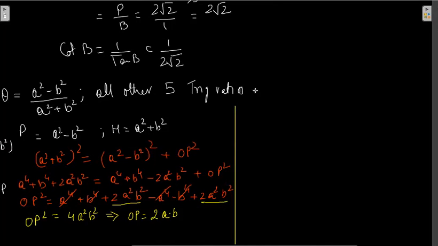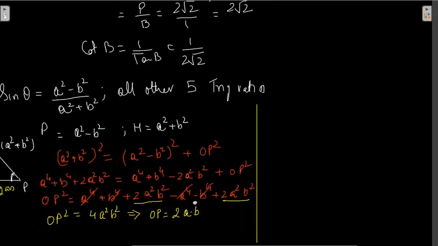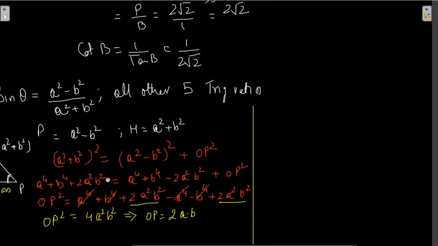Now, what is our hypotenuse? A square plus B square. So let's write the values here to avoid any confusion. Hypotenuse is equal to A square plus B square. What is our base?